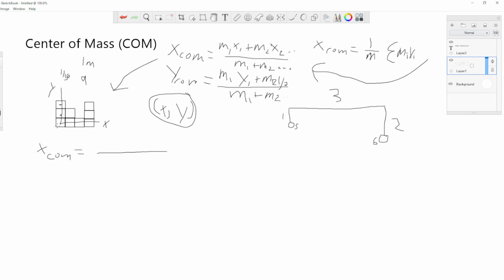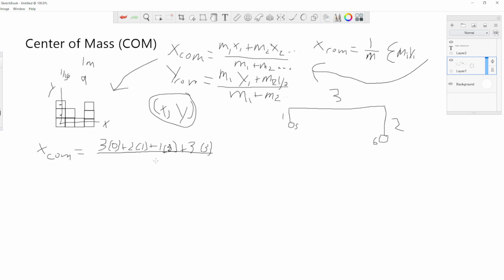So you start at 0, and you've got 3 kilograms at 0, and then you go 1 over, and you've got 2 at 1x, and then you've got 1 at 3x, and then you've got 3 at, sorry, this is 2x, my bad, and then 3x.